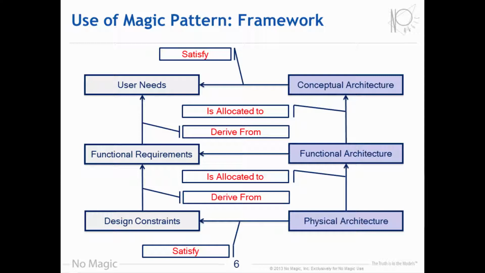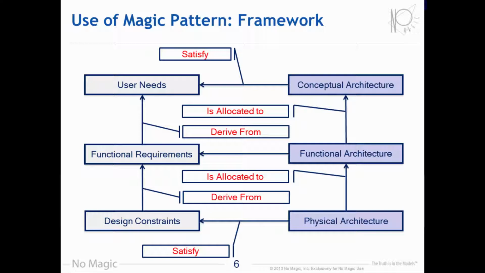But I guess the most typical structure is this framework, which has a conceptual architecture, which typically is a basis for deriving user needs. And based on user needs, then the conceptual architecture should support, of course, the user needs. And then based on the user needs, you try to derive more detailed functional requirements, which then should be satisfied by the functional architecture.